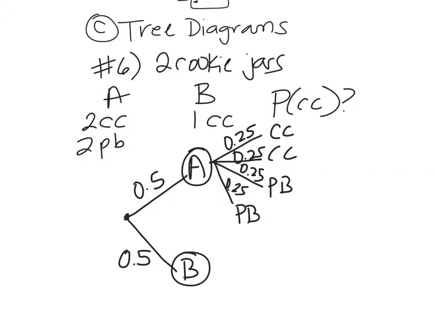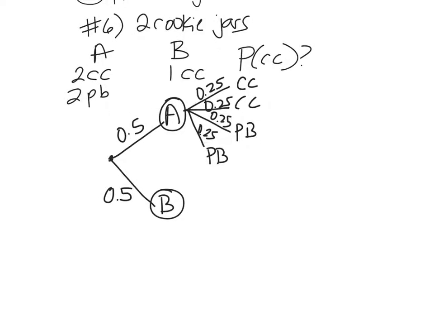The branches? Okay? Now this tree down here is a little boring because in jar B, you can only pick a chocolate chip. And what is your chance of picking a chocolate chip in jar B? 100%, so 1. Okay, so now what we're going to do is add up all the possible ways to get a chocolate chip cookie. So let's go this way first. 0.5 times 0.25, which is 0.125.